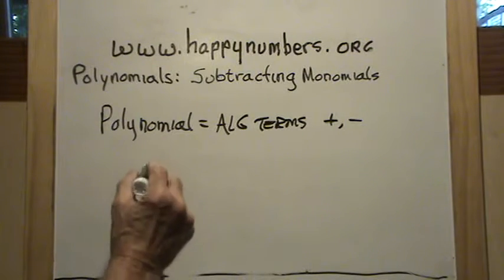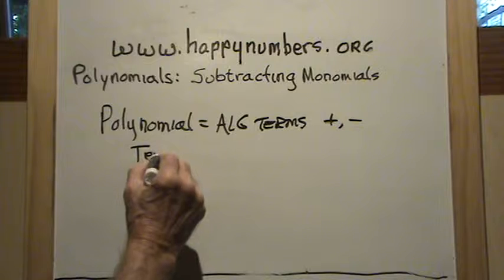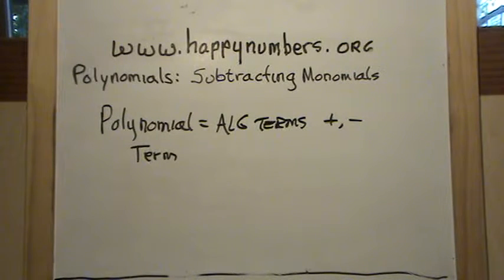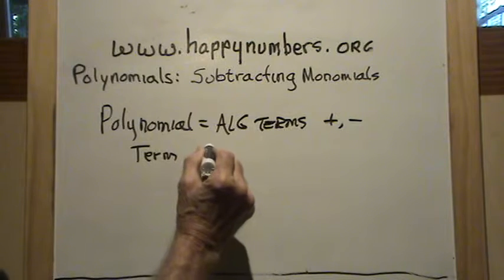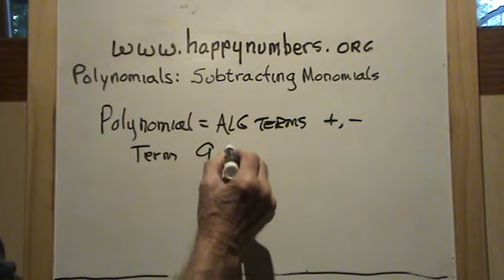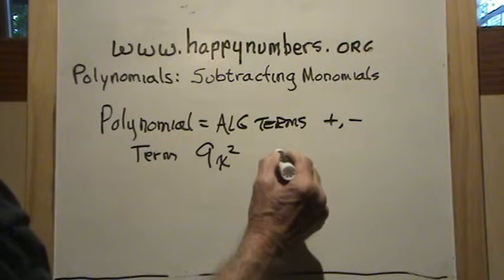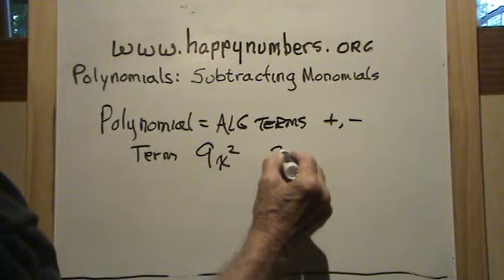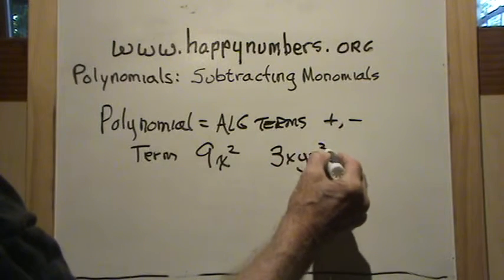Now let's take a look at the vocabulary word term. A term is an algebraic expression that usually has a coefficient like 9, a variable x, and an exponent. And it could have 3x, y, z to the third.